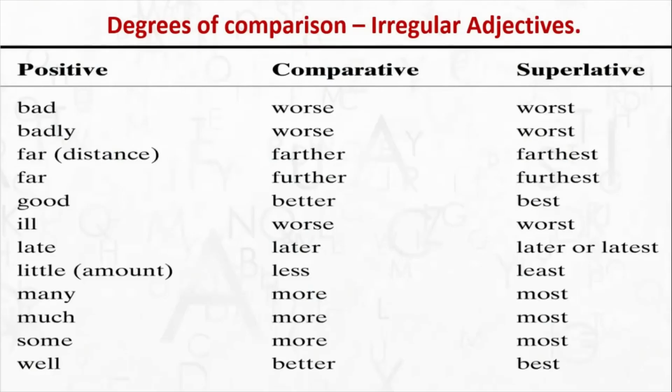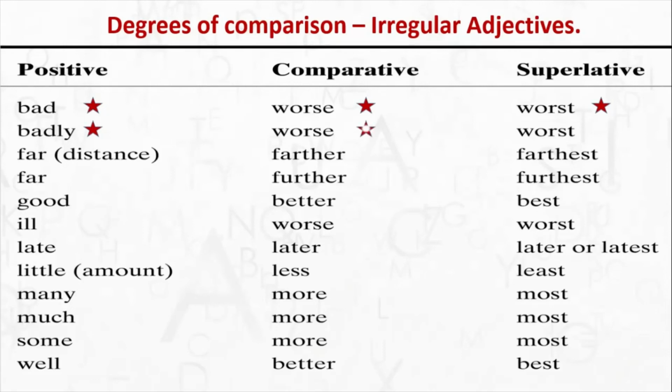Coming to the irregular adjectives. Irregular means what? It does not take ER and EST. For example, positive degree, bad. Comparative degree, should have been badder and baddest, but it is not. It is worse, worst. Positive degree, badly. Now this is what? It's an adverb. Okay?